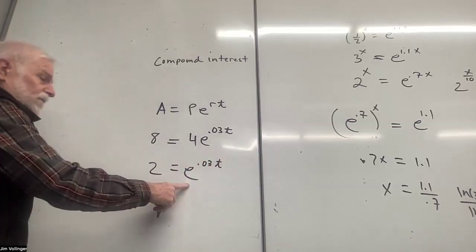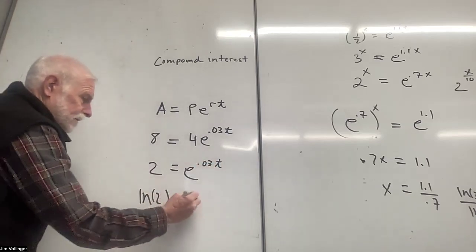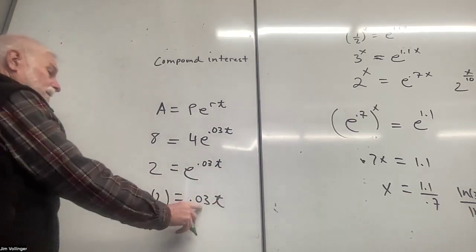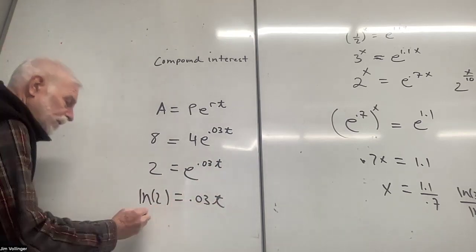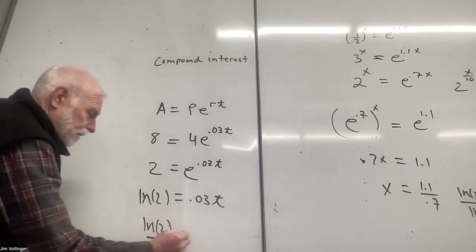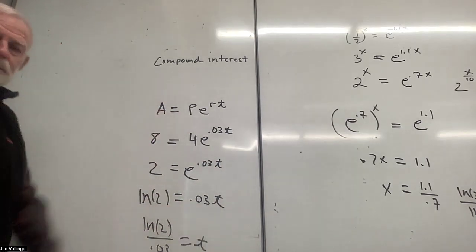I think we know how to solve an e to the problem. It's the ln of. And I think we know how to take multiplication by 0.03 and divide by 0.03.